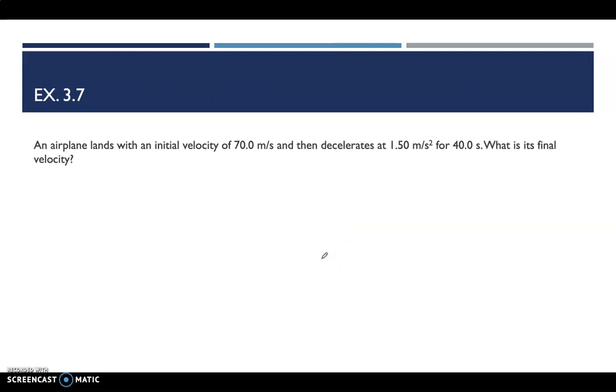This is 3.7. An airplane lands with an initial velocity of 70 meters per second, then decelerates at 1.5 meters per second squared for 40 seconds. What is the final velocity? All right, so we know our initial velocity, v naught, is 70 meters per second.